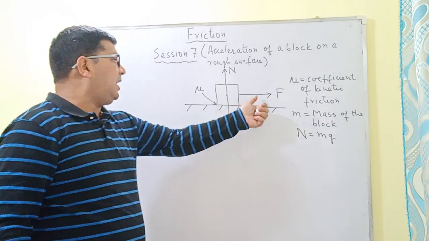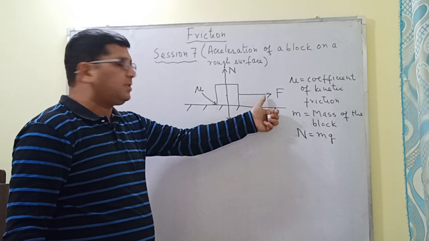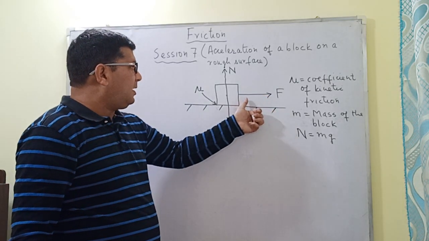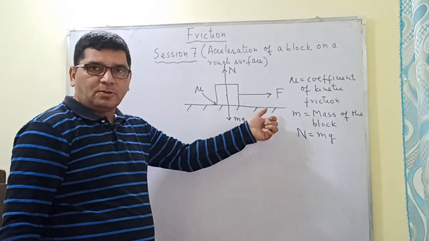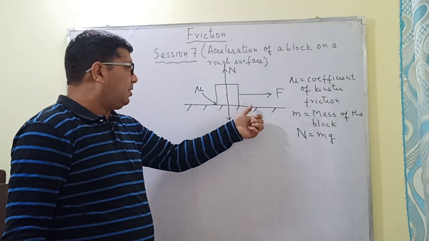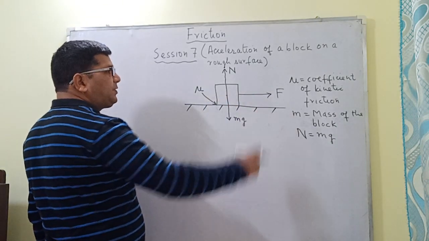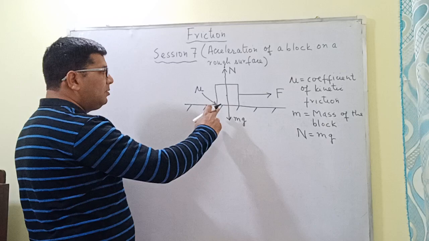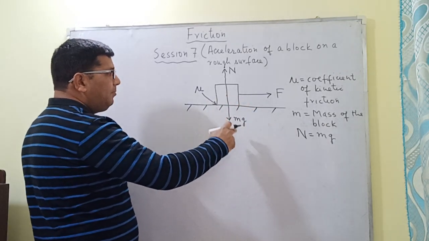So this is the external force F, applied in a direction as shown in this figure, parallel to this horizontal surface, and the coefficient of kinetic friction is mu. The mass of the block is m.